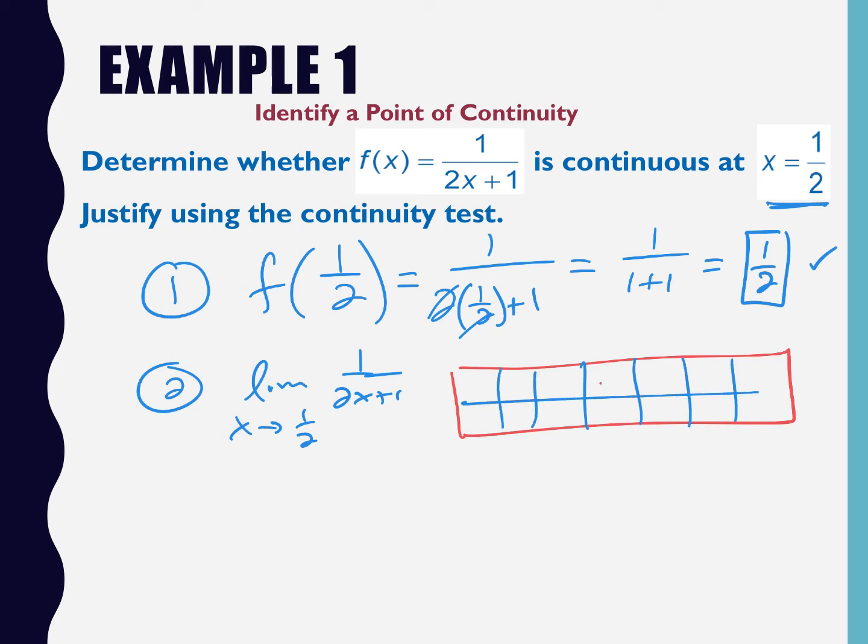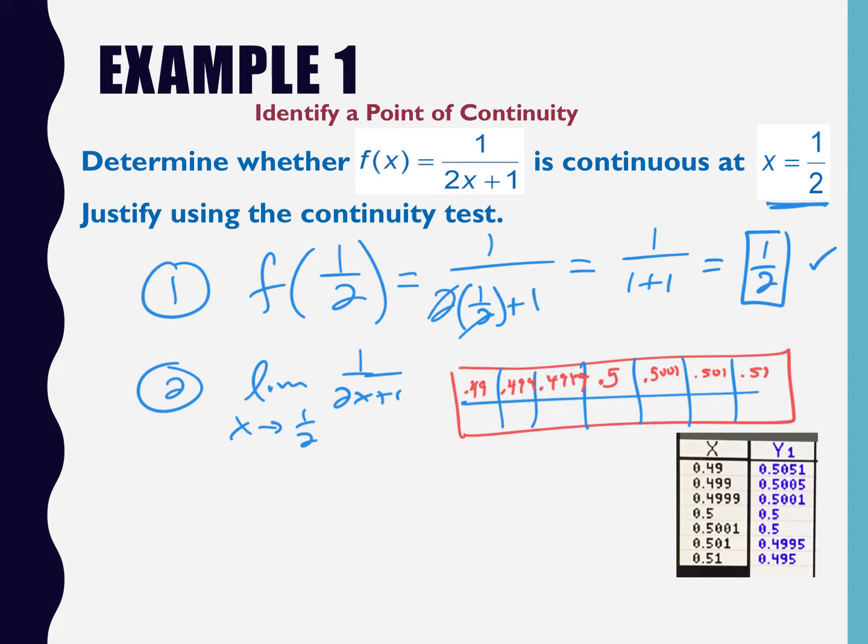Then to the right of 0.5, that would be 0.5001, 0.501, and 0.51. And to the left, that would be 0.4999, 0.499, and 0.49. Basically, I'm going to have to type those values in on my calculator.